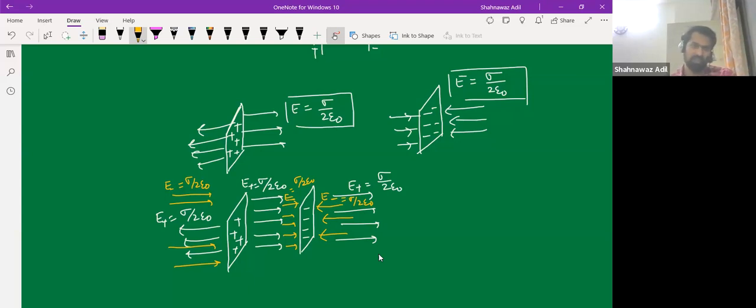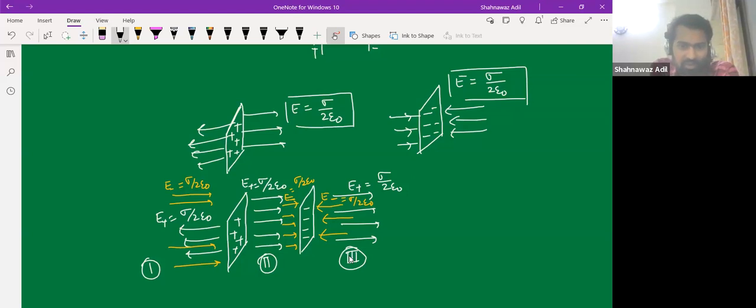Let's say this one is the first region, this is the second region, this is the third region. In which regions are these electric fields cancelling out, and in which region are they adding up?